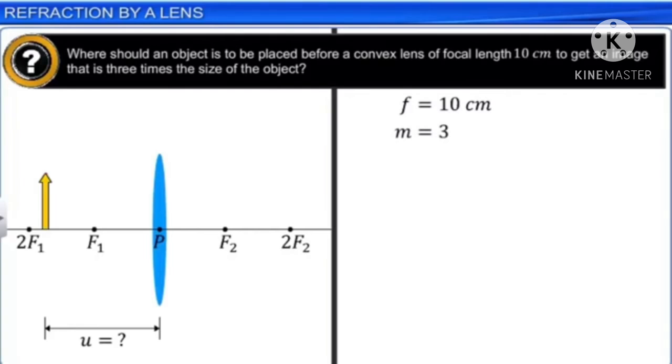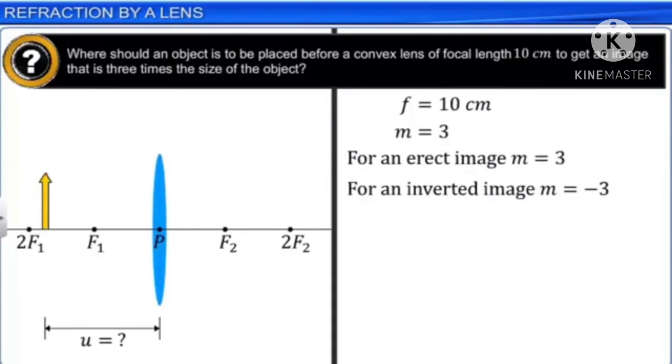As per the thin lens formula, 1 by f is equal to 1 by v minus 1 by u. On rearranging the terms, we get v by u is equal to f by u plus f.